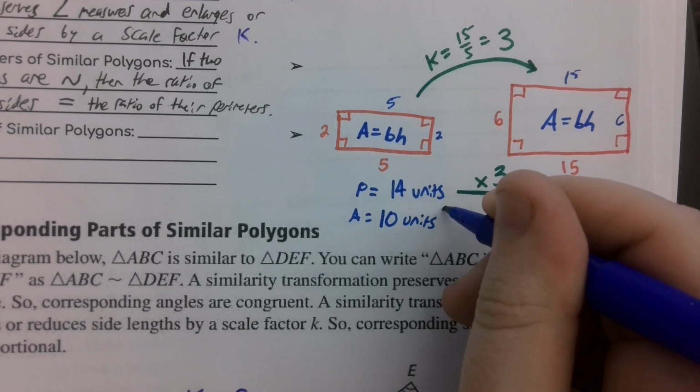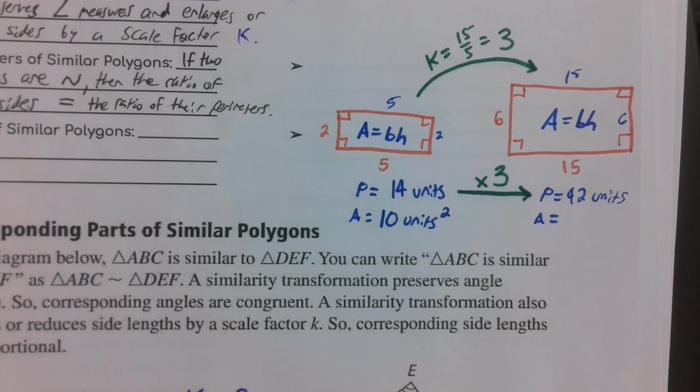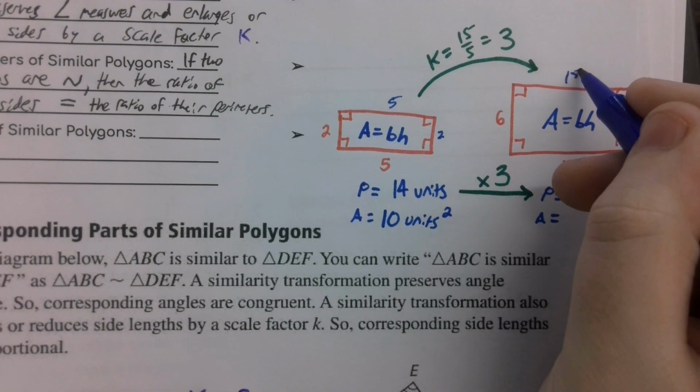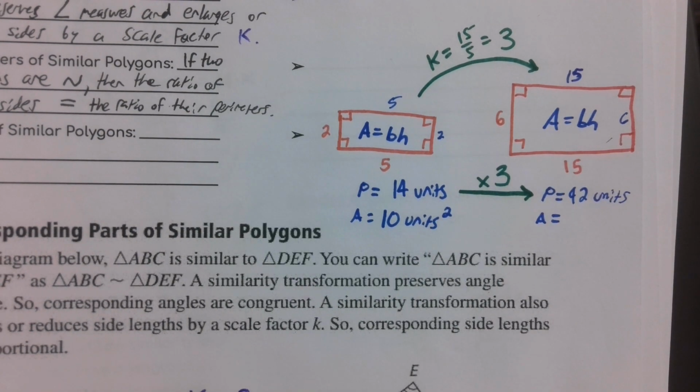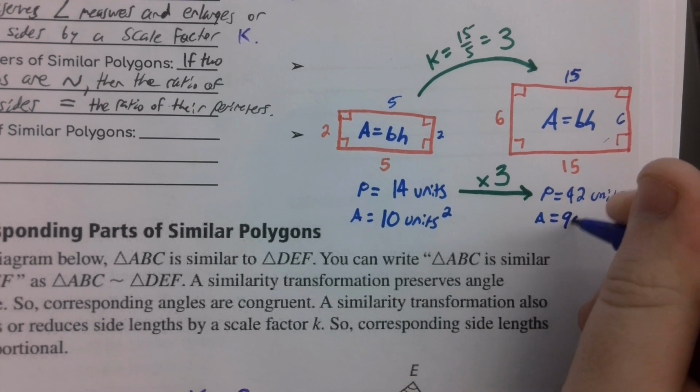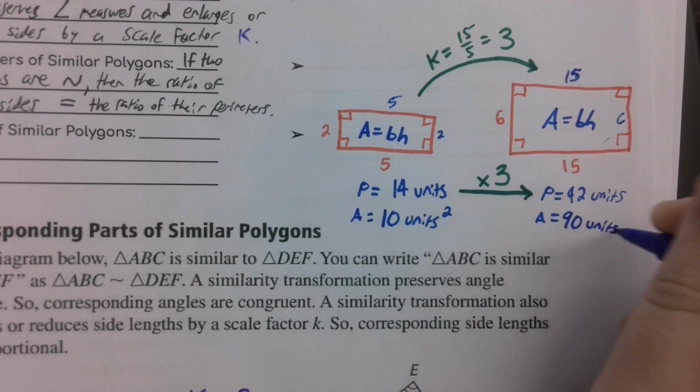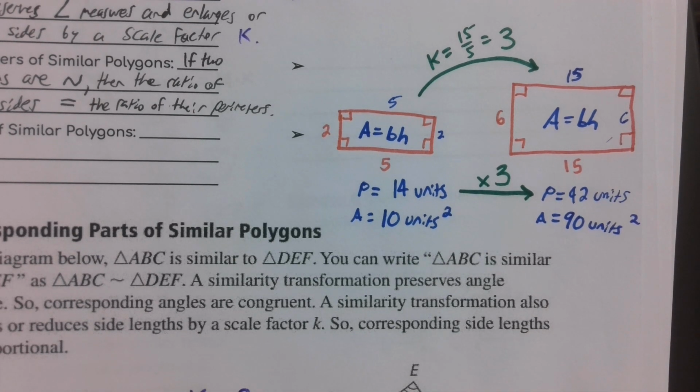But because we're talking area, we actually square our units. This is important. So 10 units squared is what we end up with. What's the area of the second one? Well, 6 times 15 is a bit tougher, but it does give us 90 square units.